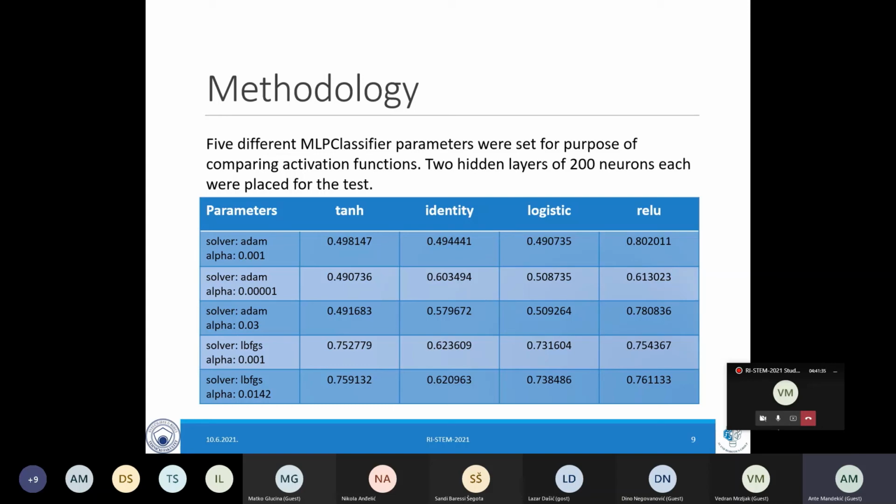As you can see, solver Adam and alpha 0.001 in the first row. From the first row, we can conclude that the ReLU activation function provides the best results, and if we continue to look at the results in other parameters, the best activation function was ReLU. So it was concluded from that point that the ReLU activation function will be used for all other tests.